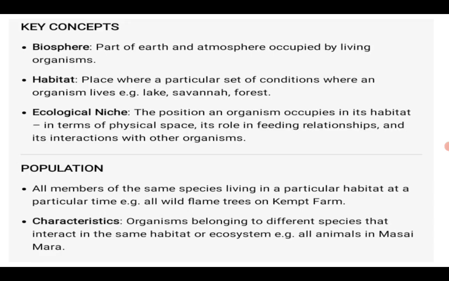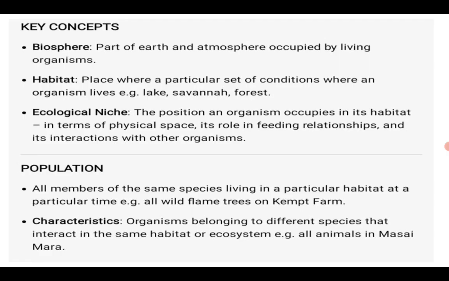Another term worth defining is population. A population refers to all members of the same species living in a particular habitat at a particular time. For example, all wild flame trees on a farm somewhere in East Africa.